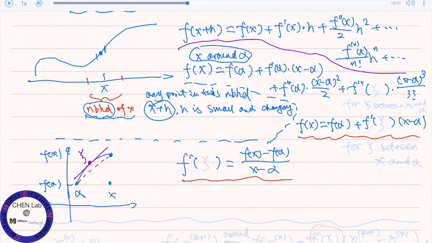This is the answer Michelle just gave for the last question. The slope of the purple line is equal to the slope of the red line. On one hand, the slope is equal to this quotient. On the other hand, the slope is equal to something in terms of Kasi. What is it?